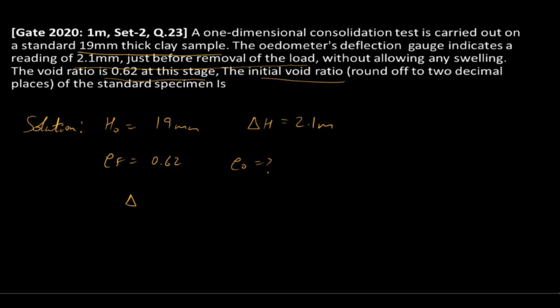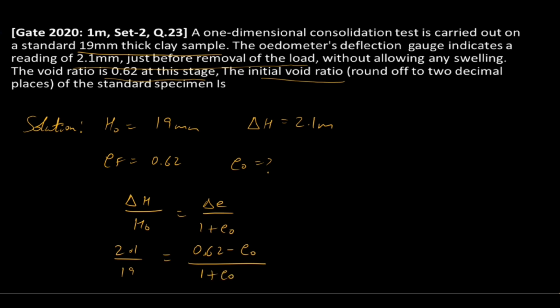So from the relation of height and void ratio, we know that delta H by H naught will be equal to delta e divided by 1 plus e naught. So delta H is nothing but 2.1 divided by 19, which will be equal to delta e, which is 0.62 minus e naught, divided by 1 plus e naught.